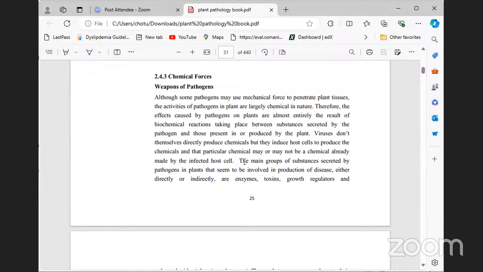Lipids, protein synthesis, lipid synthesis, respiration, photosynthesis, all are the effect of the biochemical reactions taking place between the substance created by the plant.